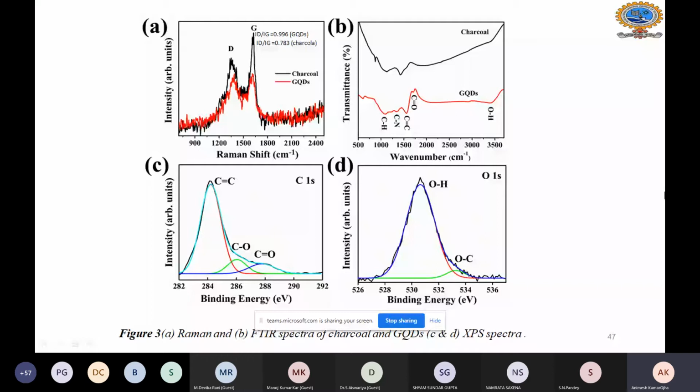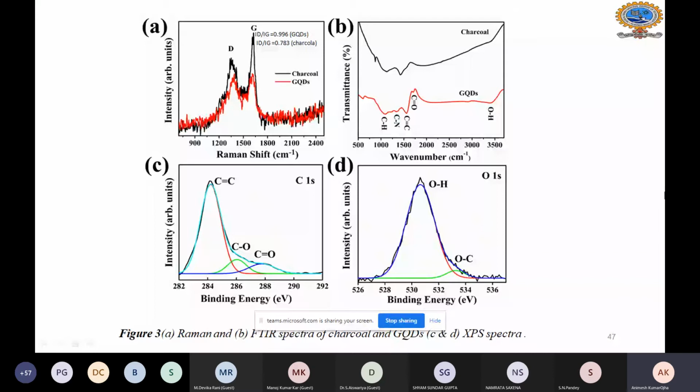That represents that you have worked with the graphite, and some of it has been converted into graphene, and therefore this ID by IG ratio must be high in the case of modified graphite. In our case, it is 0.996. This means that the graphite has been modified and converted into a graphene-like structure. So this has also been verified by the Raman measurement.